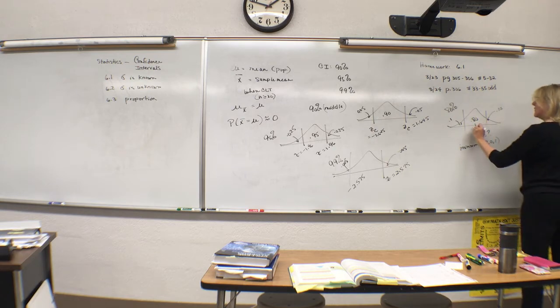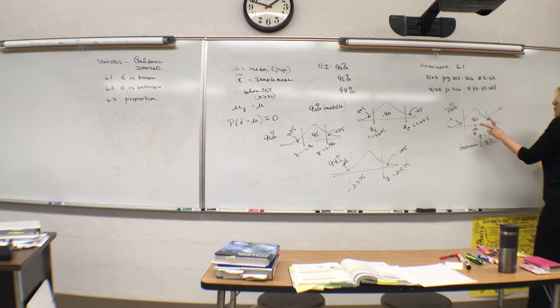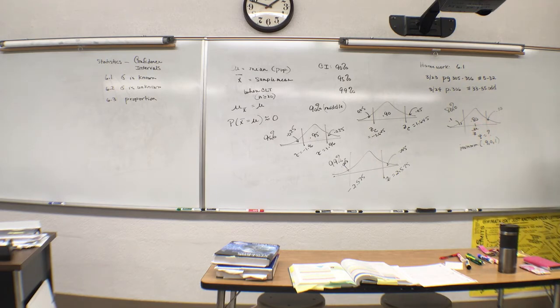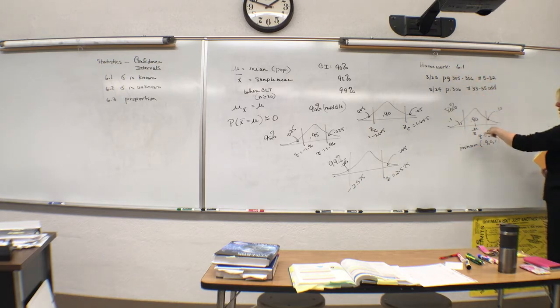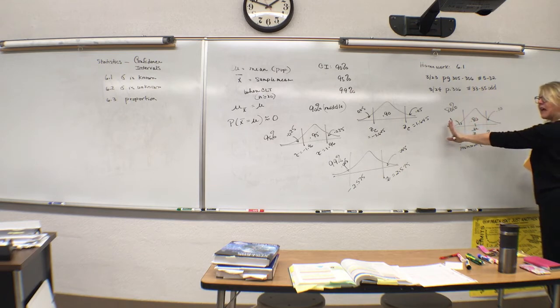If we're trying to find mu, that would be the physical middle, and then we're trying to discern where these endpoints would be for said interval. So again, you take whatever the confidence interval level is, it becomes the center, take the difference between that and 100%, divide it by 2. That's what's in the tail. Now we're always, of course, measuring to the left.